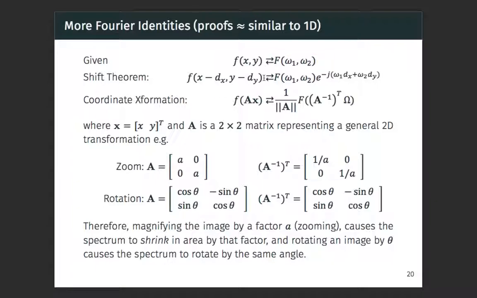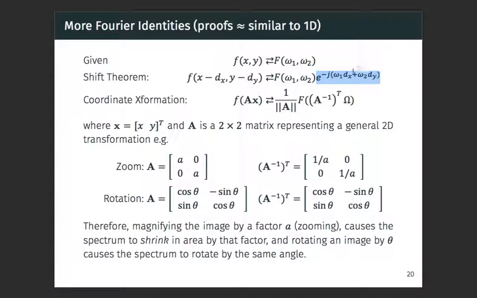If you take your picture and just translate it by dx and dy, so you have an offset, you just move the picture as a translation, what happens to your Fourier transform is interesting. Basically the Fourier transform stays unchanged, but you apply this change of phase.